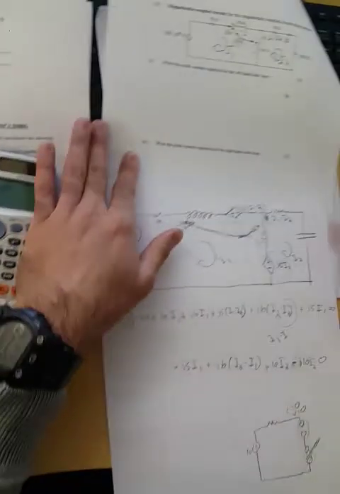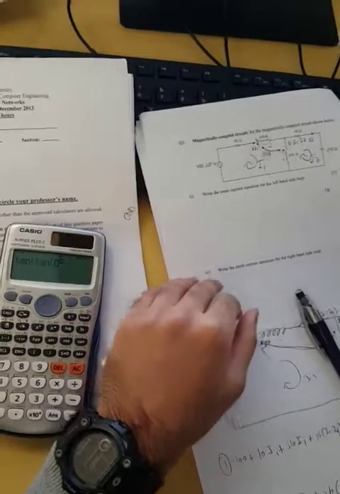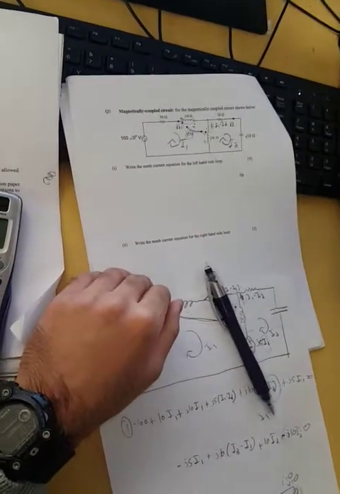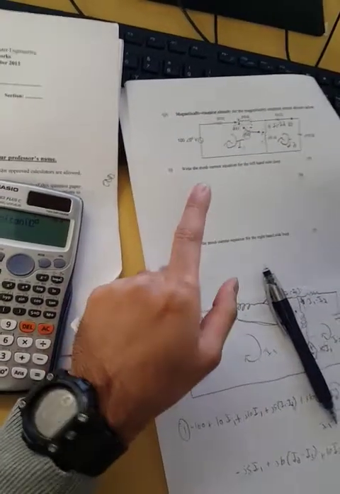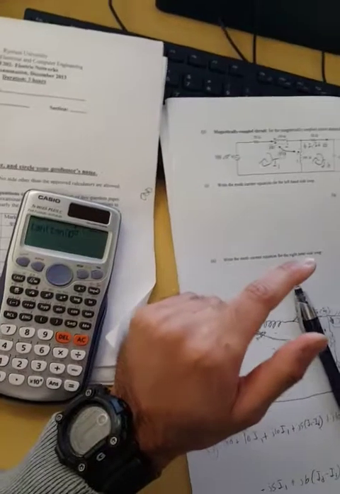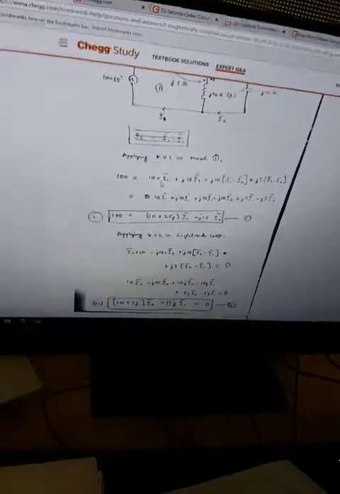All right, you got your equation for this side, so let's double check if you got it right. So we go over here, magnetically coupled circuits. Now these guys got 10 I. Let me double check.